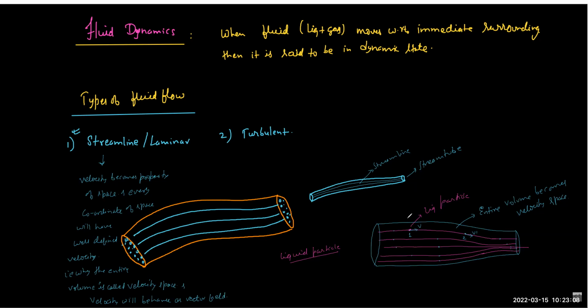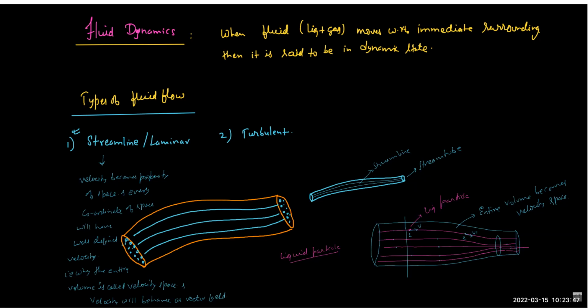So in the case of streamline, the moment I say this is a cross section, then this cross section will have its unique velocity, which is determined by the streamlines passing through this particular cross section. You can also see that the number of streamlines cannot increase or decrease. They can only get closer and go farther depending on the shape. So the number of streamlines remains constant, and the count of the streamlines through a given cross section is called flux.